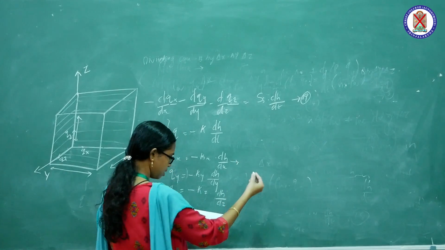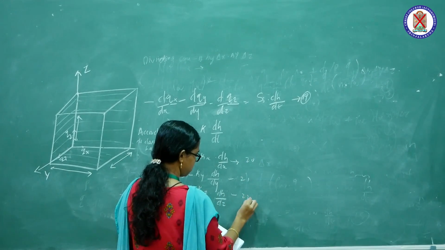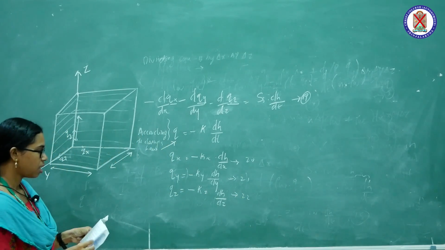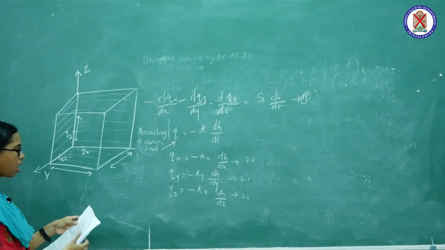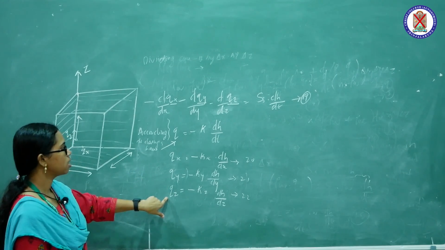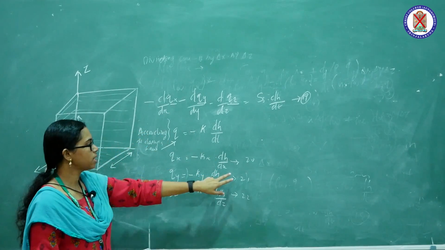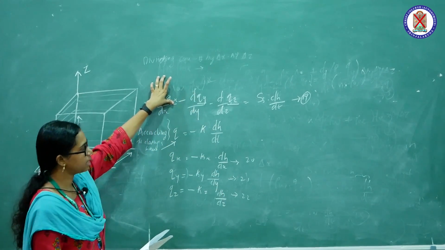These are numbered as 20, 21 and 22. And next, we put all these qx, qy and qz, that is equations 20, 21 and 22, into equation 19.